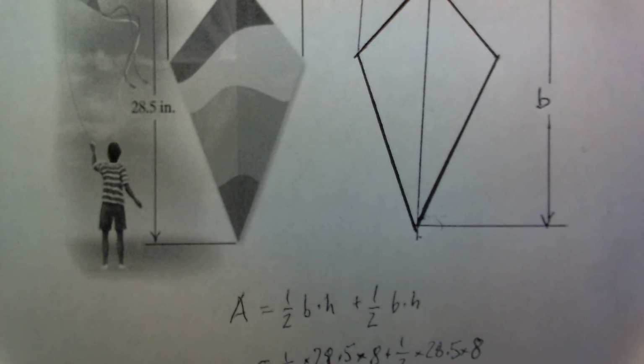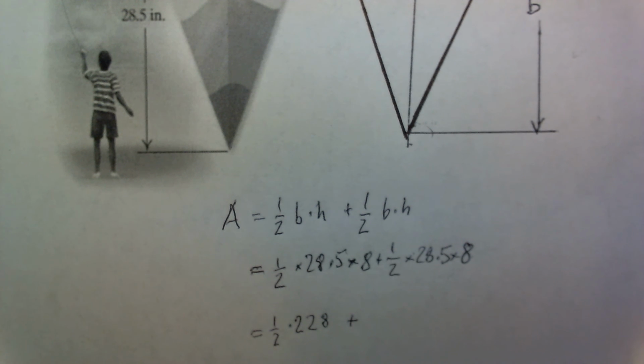So that's equal to 1/2 times 28.5 times 8, which is equal to 228, plus 1/2, again 28.5 times 8.